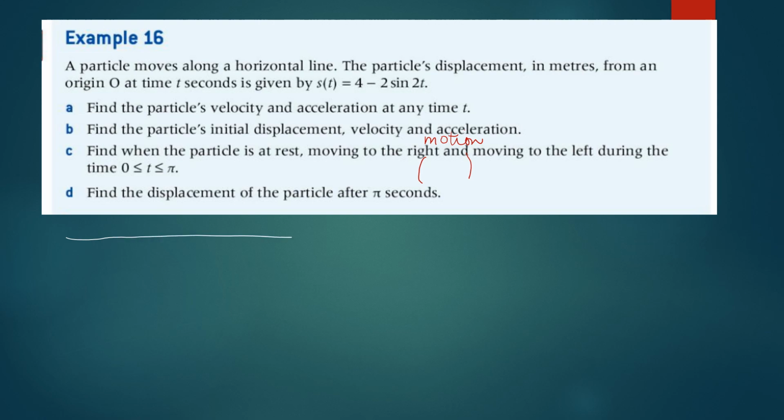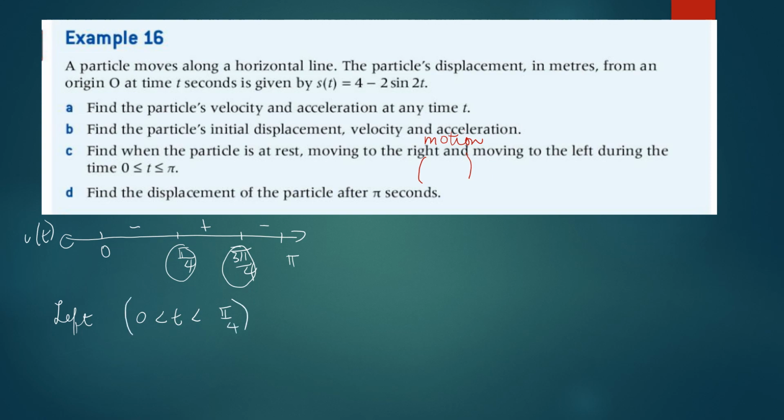Anyway, we have this v of t with 0, pi over 4, these are our critical points, 3 pi over 4 and then pi here. So we already know these to be the times when the velocity is at rest. So when is it moving left and right? By the way, we have here negative, positive, and negative from the previous slide. So it's moving to the left when t is greater than 0 and less than pi over 4.